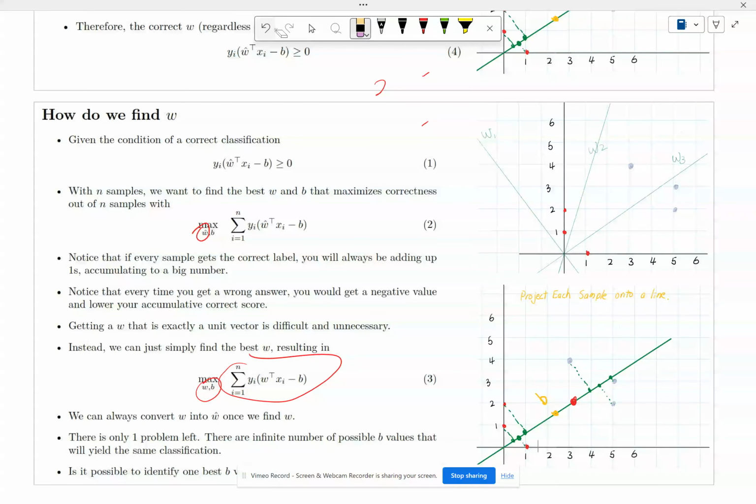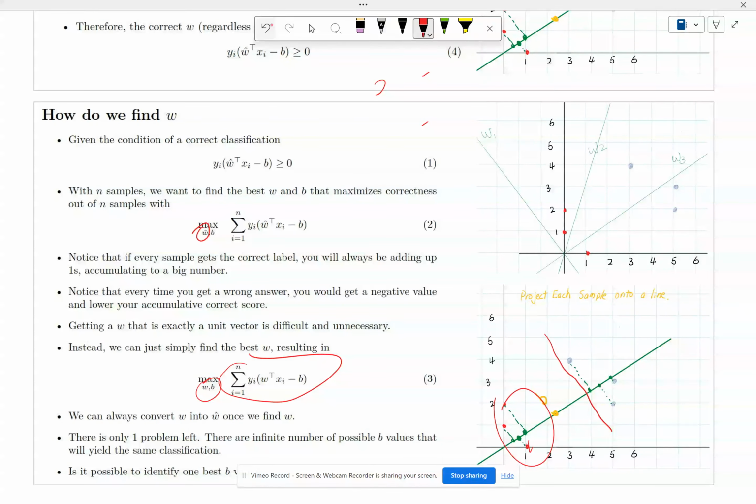So essentially, you have infinite possible B values between these two points. We are not able to get a unique B value, because there's a whole range, right? In fact, you can just draw a line here, which is very close, and you still will have perfect classification.